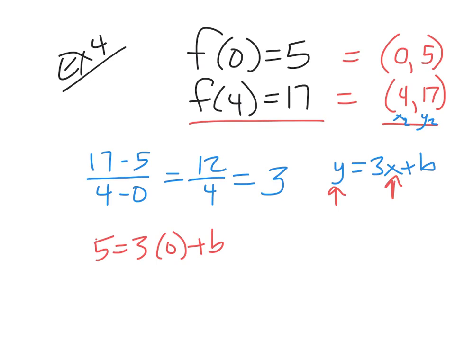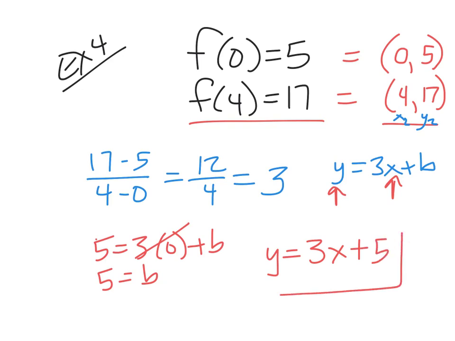Well, what's 3 times 0? 0. Gone. So what does b equal? So much easier. So then we rewrite our equation. Y equals 3x plus 5. Any questions? Not too bad, right?